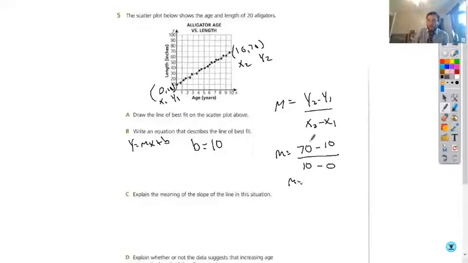So then our slope equals 70 minus 10, which is 60 over 10, or 6. So now we know our slope is 6, so we can write our equation, y equals 6x plus 10. And we wrote that just by substituting in our slope and our y-intercept into the equation y equals mx plus b.